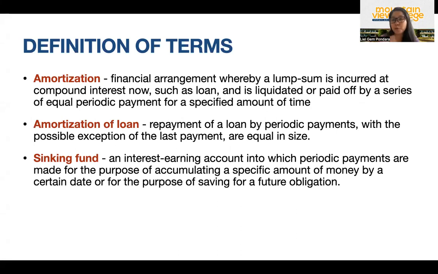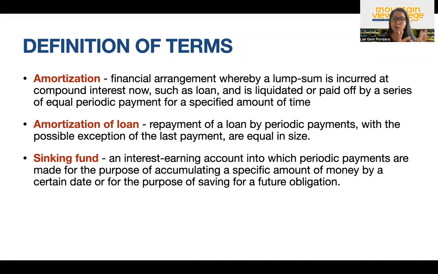What is an amortization? Amortization is a financial arrangement wherein the loan that you made will be paid off in a series of equal periodic payments for a specified amount of time. For example, you went to Home Credit and made a loan for a brand new cell phone.